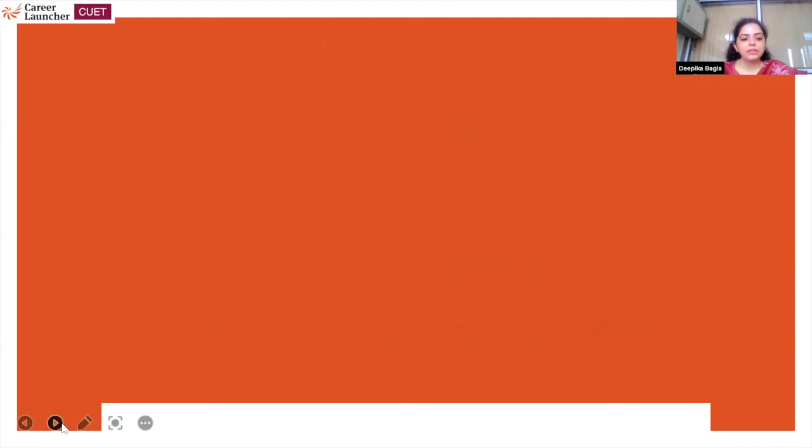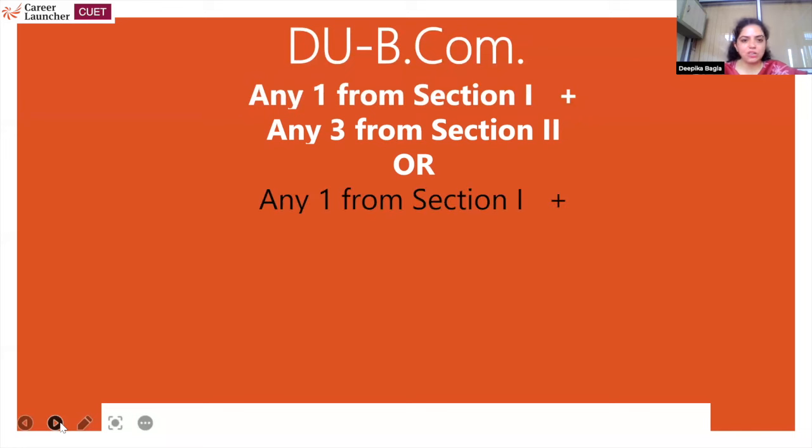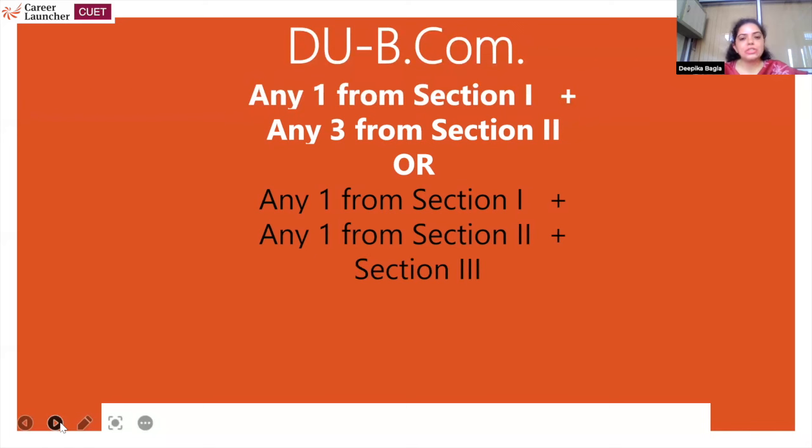The next one is DU BCom. Any 1 from section 1, that is language, and any 3 from section 2, any 3 domain subjects. This is one category of option. The next is any 1 from section 1, that is any language, English, any 1 from section 2, and you have to take GAT, which is section 3.